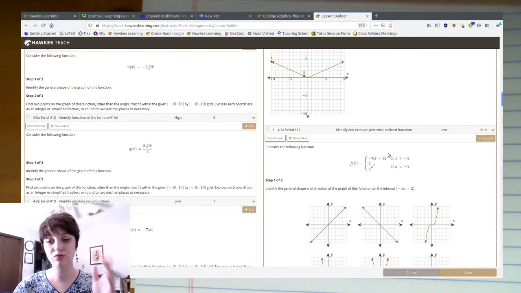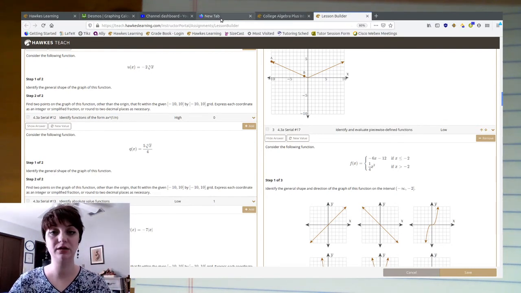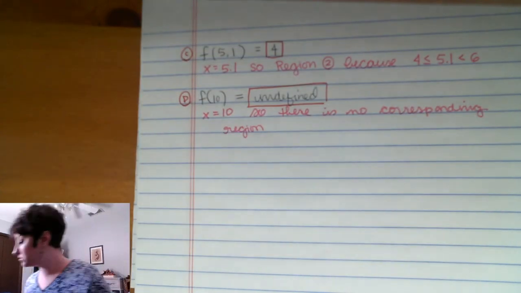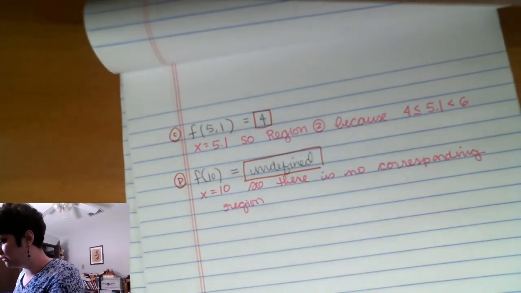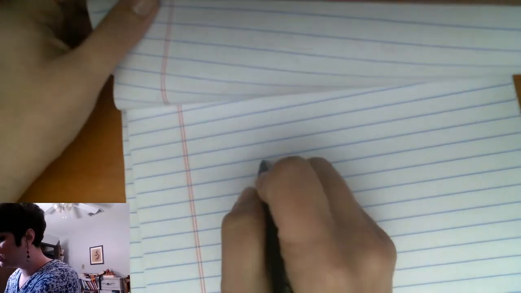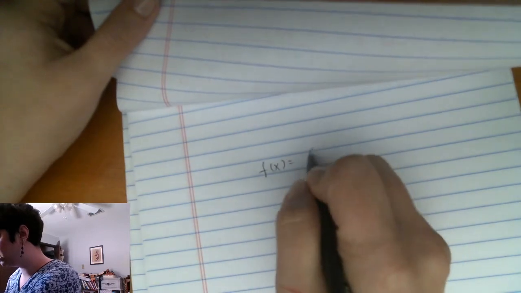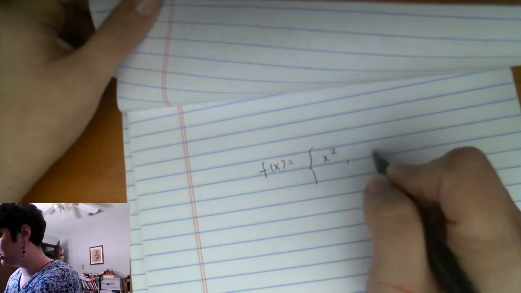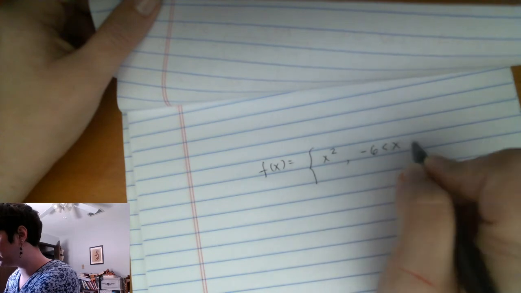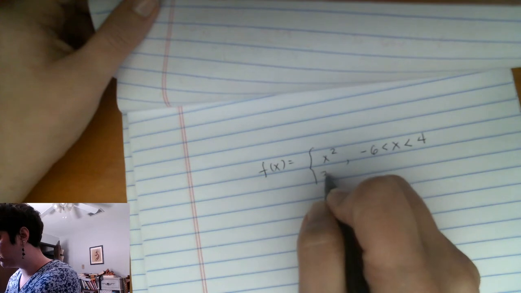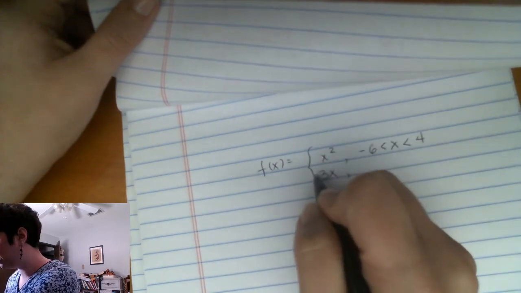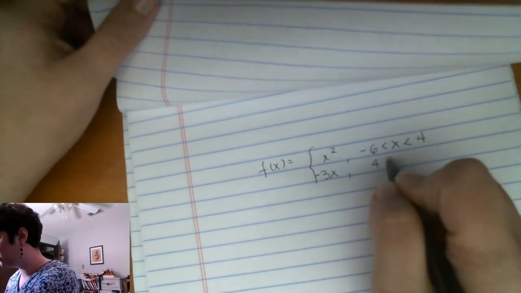So if I see something like f of x is x squared for negative 6 less than x less than 4, and 3x minus 3x for 4 less than or equal to x.